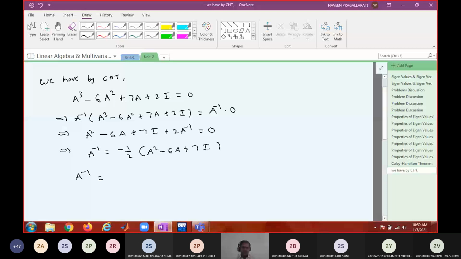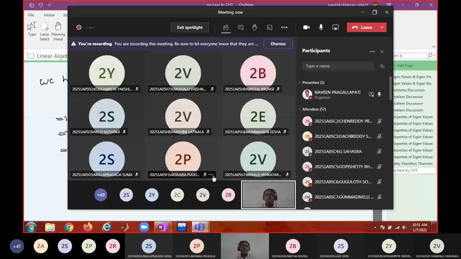What could be A inverse? Did you find the inverse?